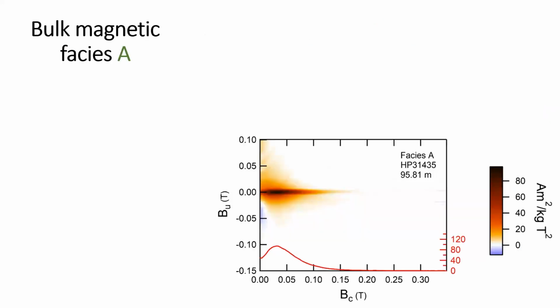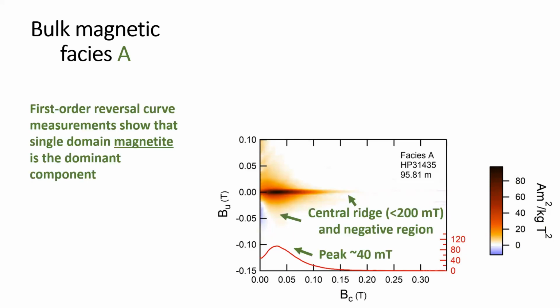Here's the resulting fork diagram for this magnetic facies. Hopefully by now, there's no argument that this is single domain magnetite. We have this beautiful central red negative region, as well as a peak in the coercivity distribution at about 30 millitesla or so.